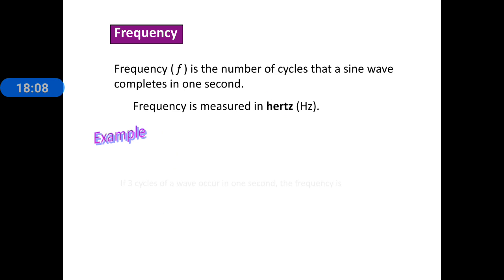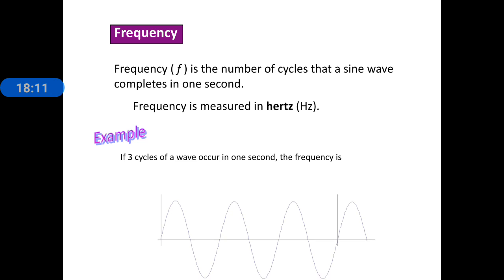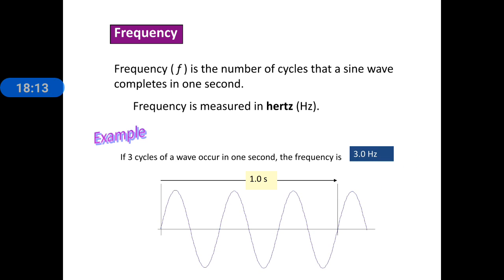Frequency. Frequency is the number of cycles that a sine wave completes in 1 second. Frequency is measured in hertz. So one positive and one negative portion is one cycle. So the number of cycles completed in 1 second is the frequency.